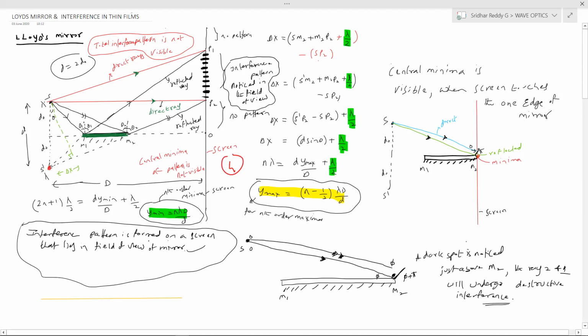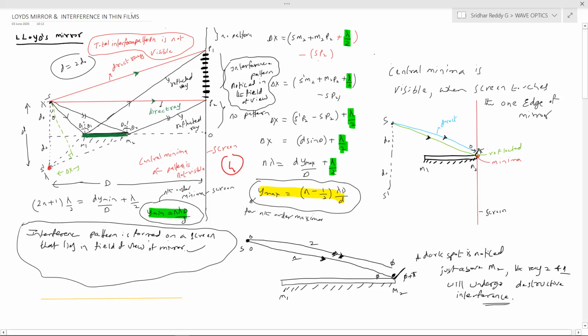Because of that, we notice a dark spot here. This is ray 1, this is ray 2. This is very important: whenever a wave is reflected by a denser medium, it will undergo a phase change. Due to that phase change of pi radian, it will acquire an additional path of lambda by 2. And if the path difference is lambda by 2, then the rays must undergo destructive interference.